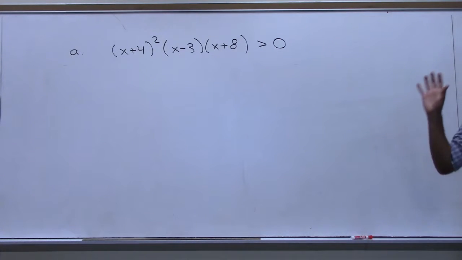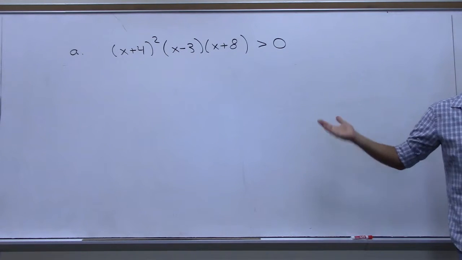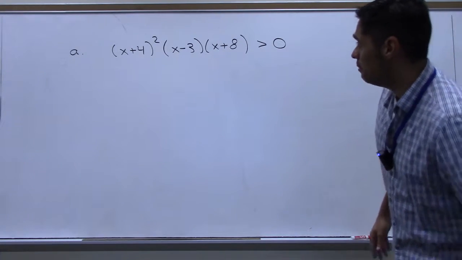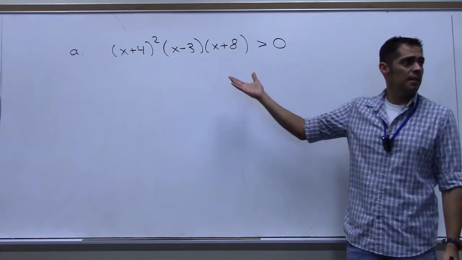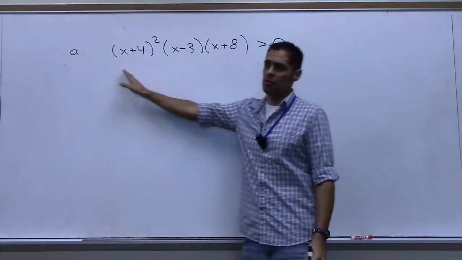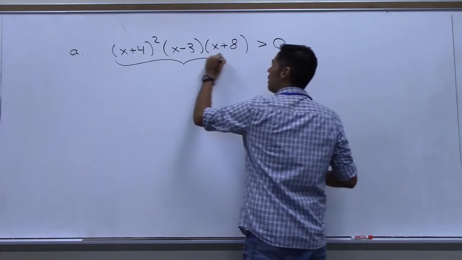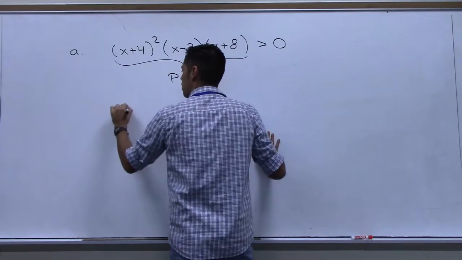So what we want to do is first move everything to one side and get a 0 on the other side, which is done already. The next thing we want to do is sketch the polynomial that's on the left side. We have to make sure this is a polynomial, right? So that is a polynomial. So this piece right here is p of x. I need to now sketch it.